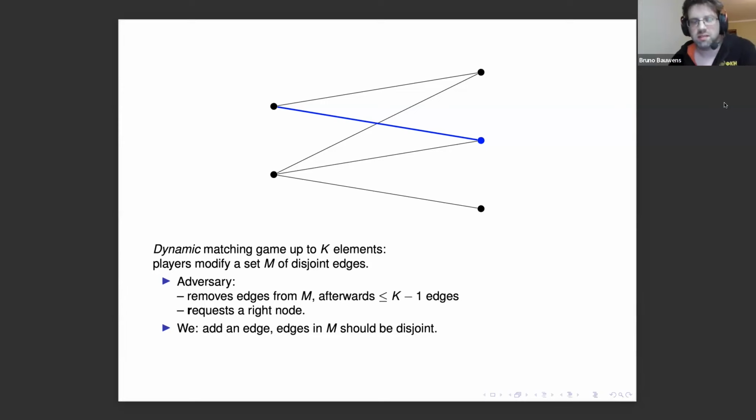Exactly, yeah. So, and you claim that here the opponent wins. Yeah. It's not clear how he wins. So he selects first, he selects the middle node, right? Yeah, that's correct. So assume that we have selected this edge, then he selects the top node.